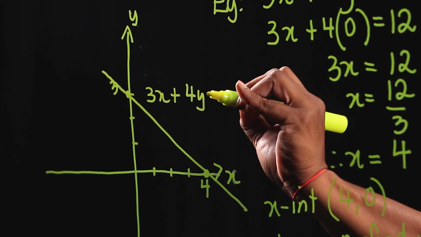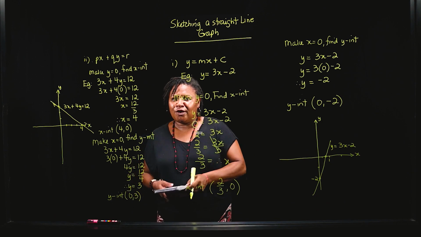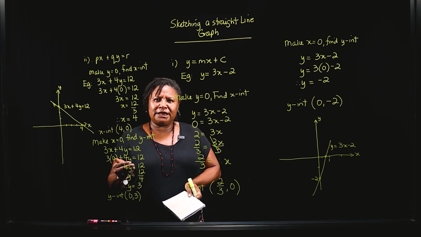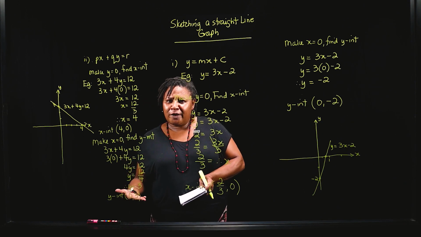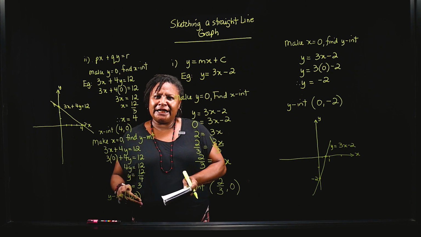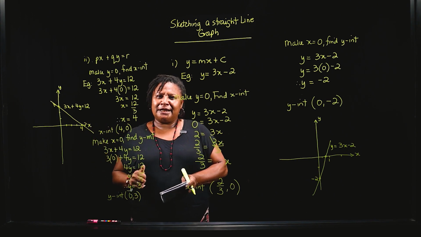Now, not very difficult because we've done a few exercises on substituting and finding the x and y intercept. The only additional work we've done here is to sketch the line using those intercepts.